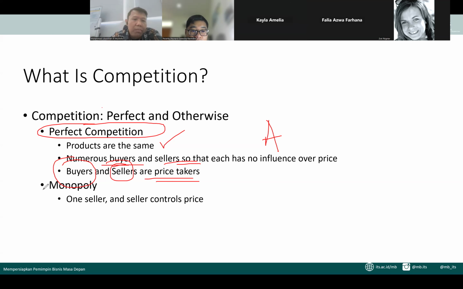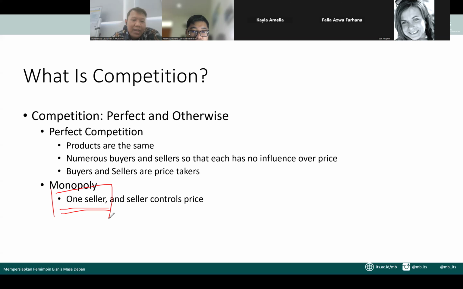And then we have a monopoly. What is monopoly? Monopoly is a kind of competition where there is only one seller and there are many buyers. Because you are the only seller available in the market, you control the price.